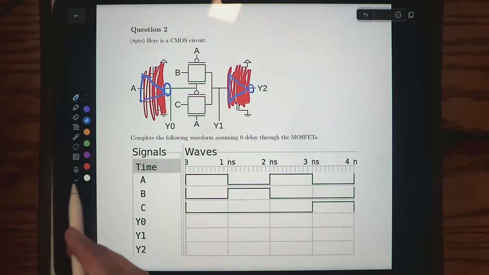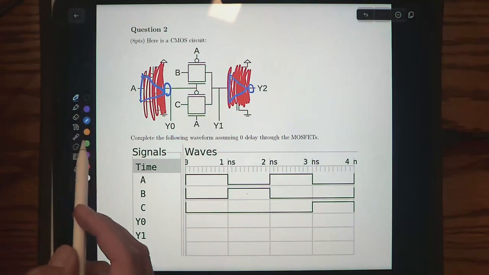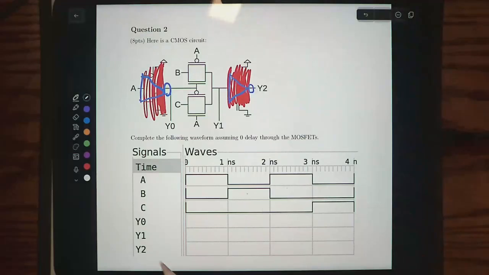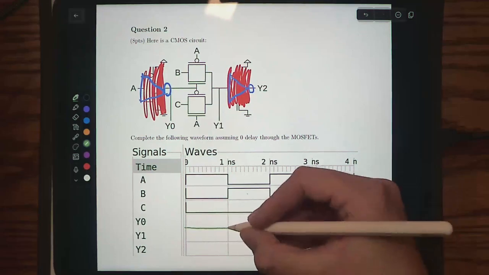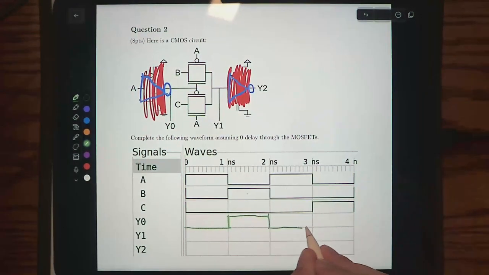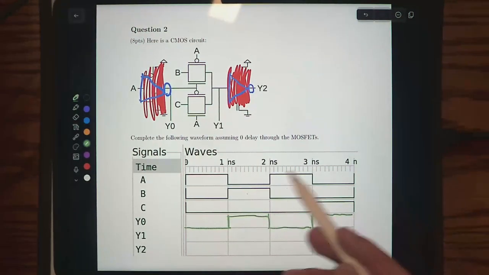Y0 is going to be what? The opposite of A, exactly. So Y0 starts out at 0, goes up to 1, down to 0, up to 1. All right, so this is Y0. It is exactly opposite of A.